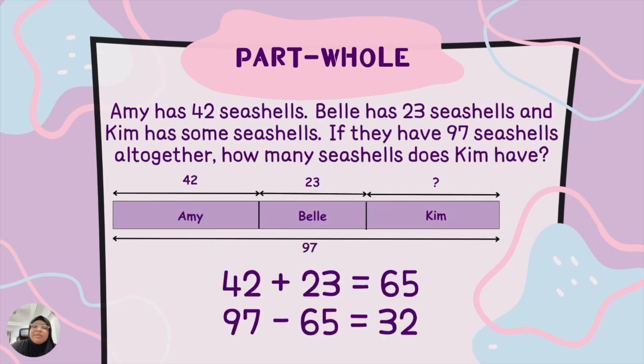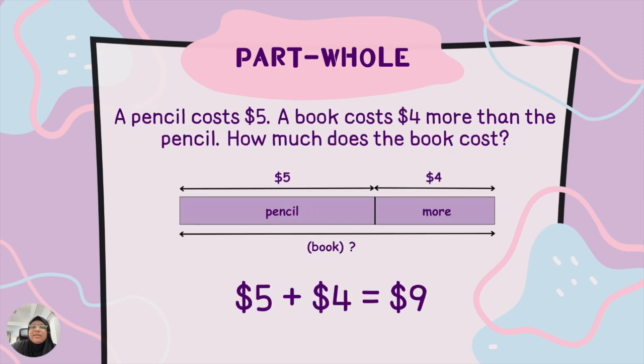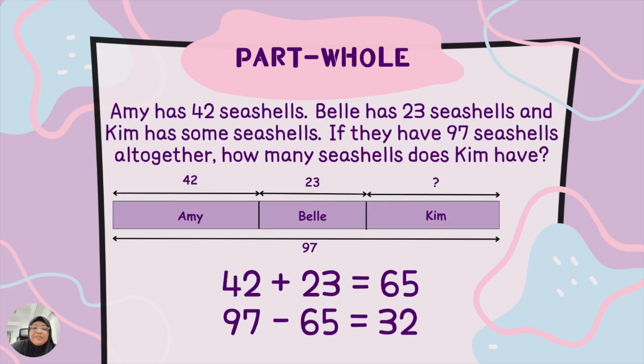Another example of the part-whole model is when you compare 3 quantities. Earlier, we talked about 2 different quantities, which were pencil and book. For this one, we're talking about 3 different people or 3 different objects. In this case, Amy, Belle, and Kim. Likewise, you write down how much Amy has and how much Belle has, and since Kim is the question, the question mark would be here.